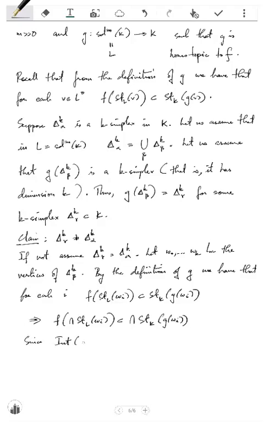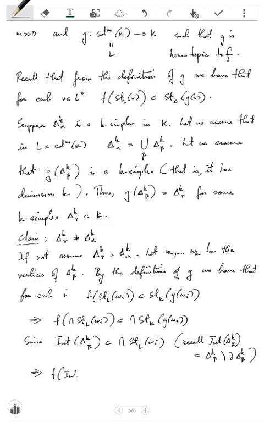Since the interior of delta k beta is contained in the intersection of the stars of Wi's, we call the interior is... this implies that f of ... is contained in ... this contained in ... for all i.